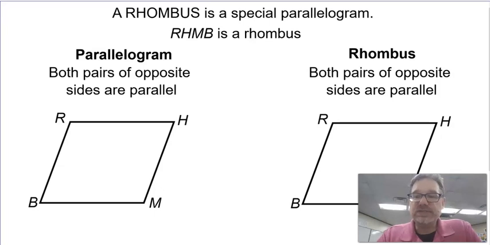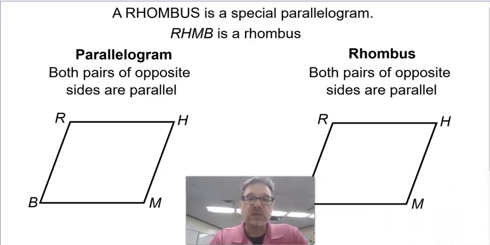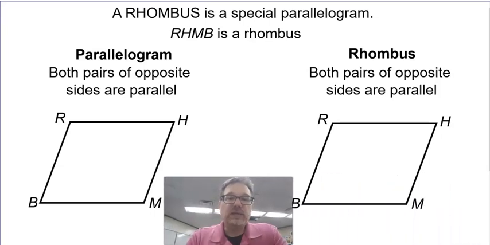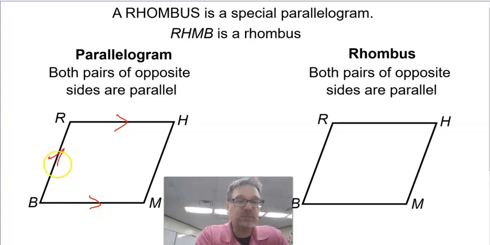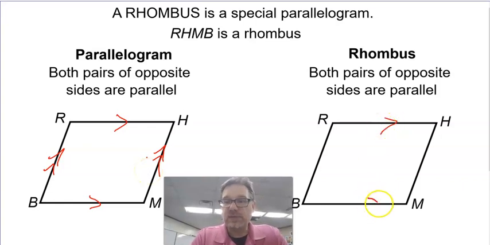A rhombus is a parallelogram. That's item number one to remember. In a parallelogram, both pairs of opposite sides are parallel, and that's true for a rhombus as well. Top is parallel to bottom, left is parallel to right.